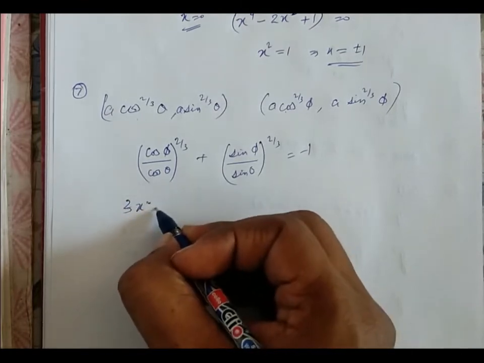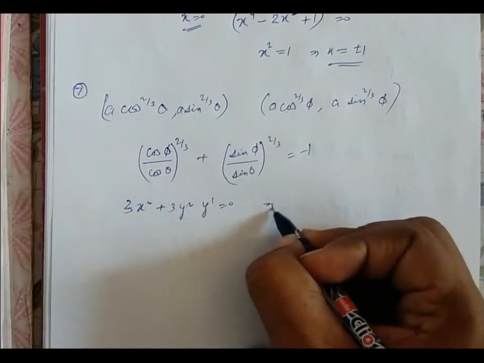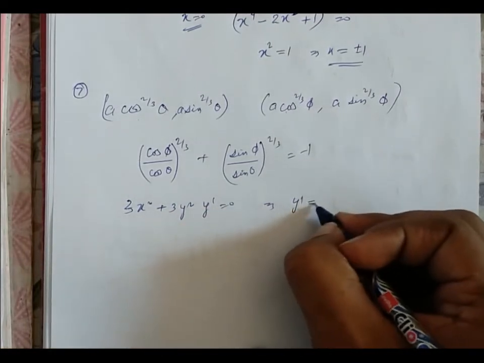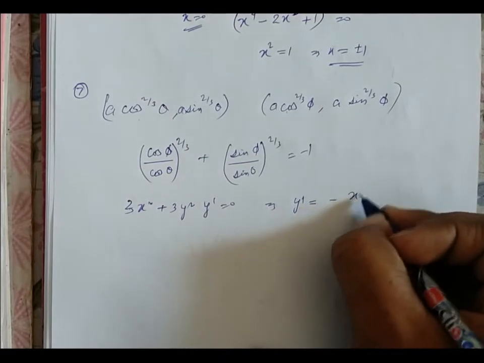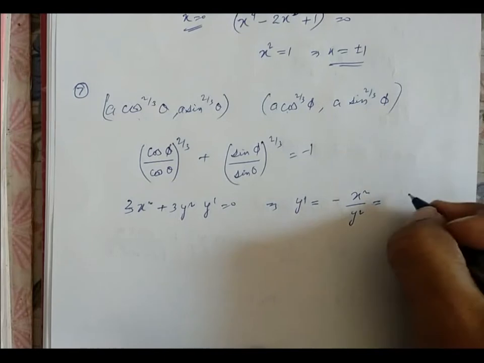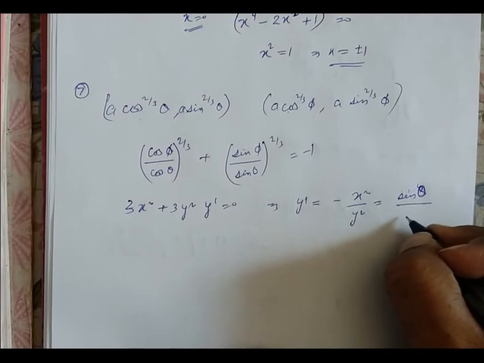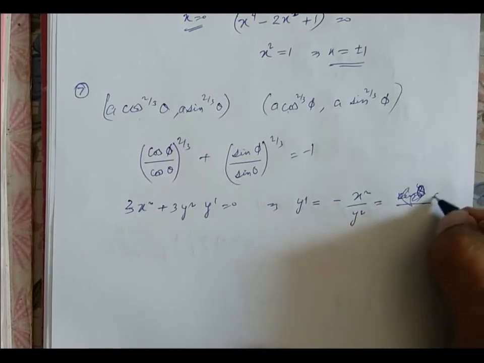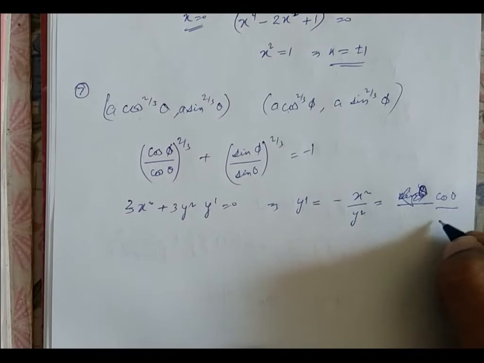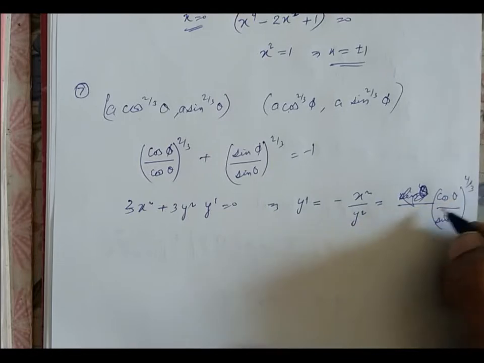3x square plus 3y square y dash is equal to 0. This implies y dash is equal to minus x square upon y square, which is equal to, sorry, it should be cos theta upon sin theta to the power 4 by 3 with a minus sign.